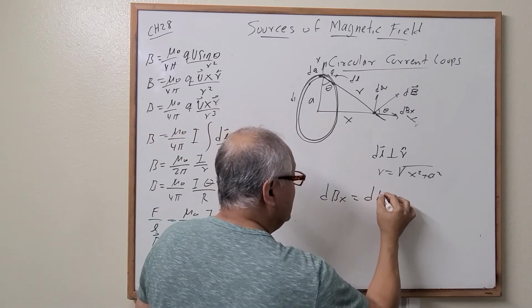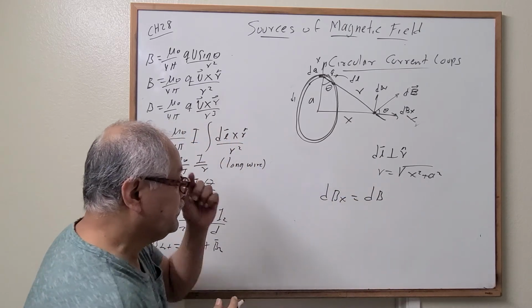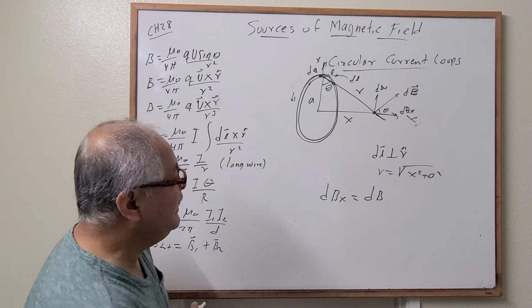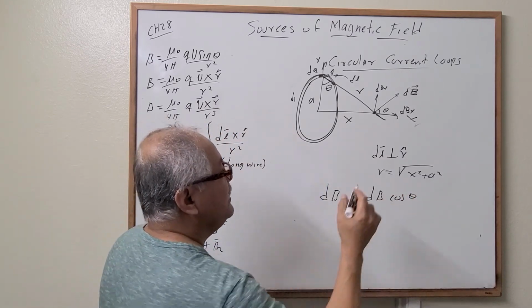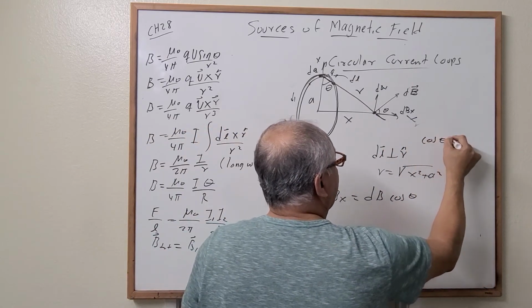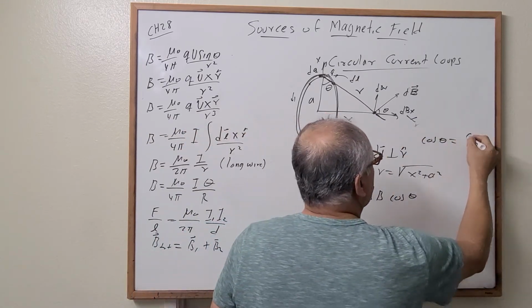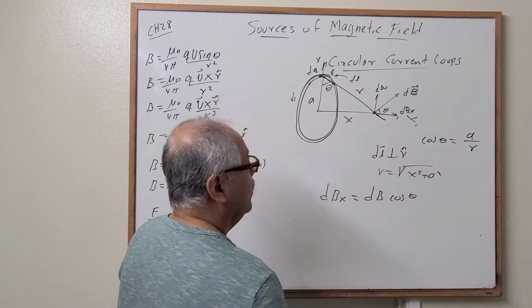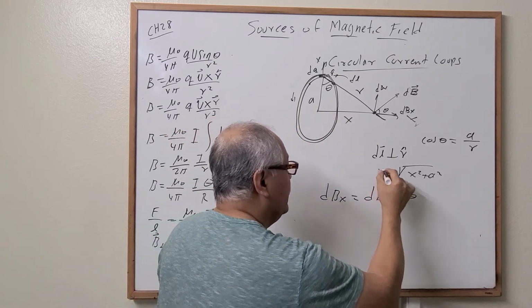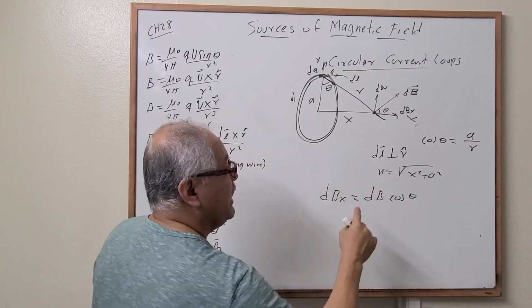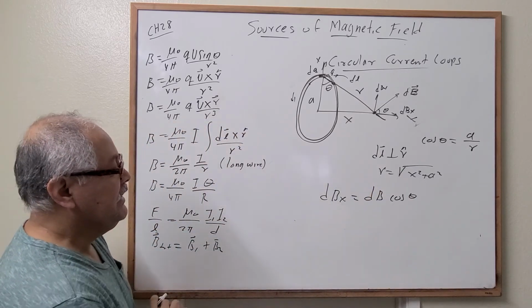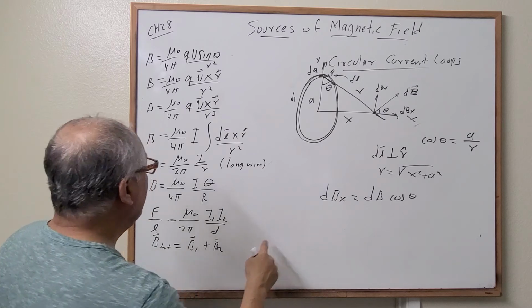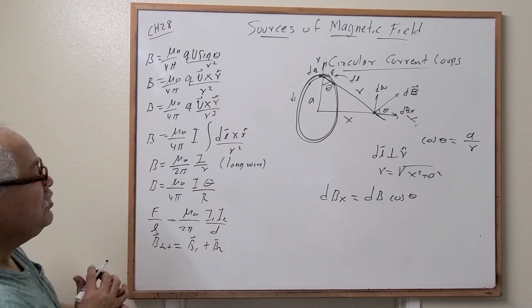It's going to be this element of the magnetic field times cosine theta. But cosine theta is equal to what? Cosine theta is equal to a over r, where r again is the square root of x squared plus a squared.